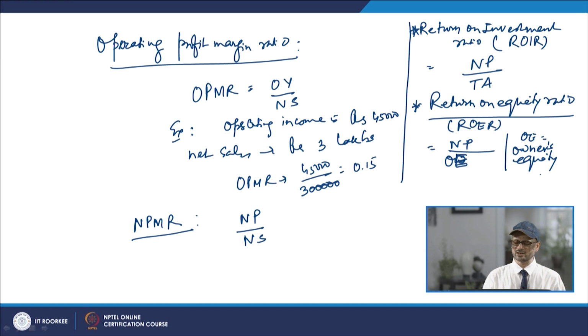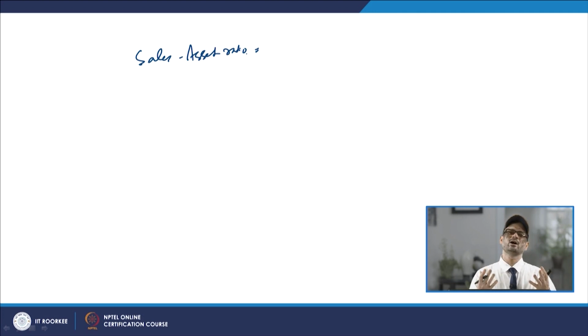Apart from that, you have many types of ratios, like the sales asset ratio. It tells how efficiently you are using the resources, and it refers to sales to total assets.